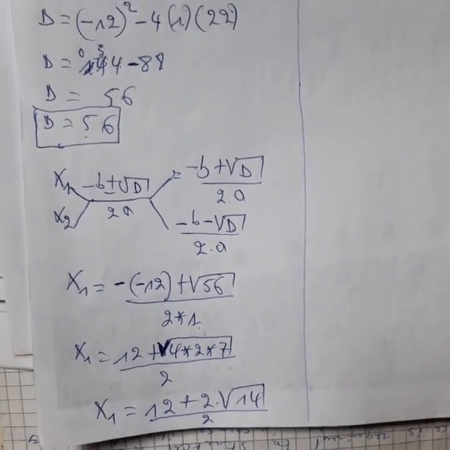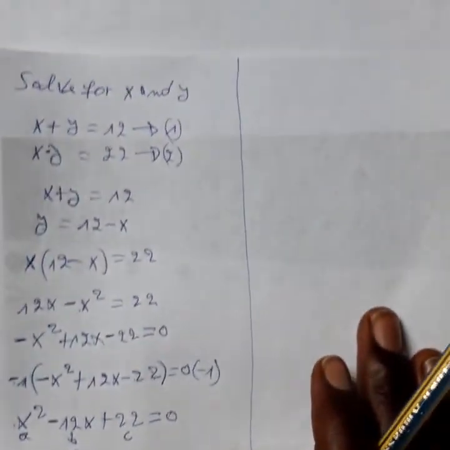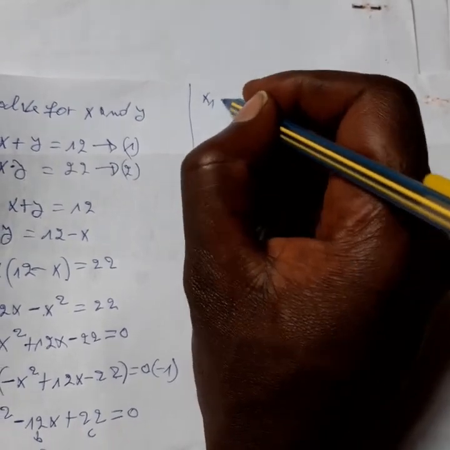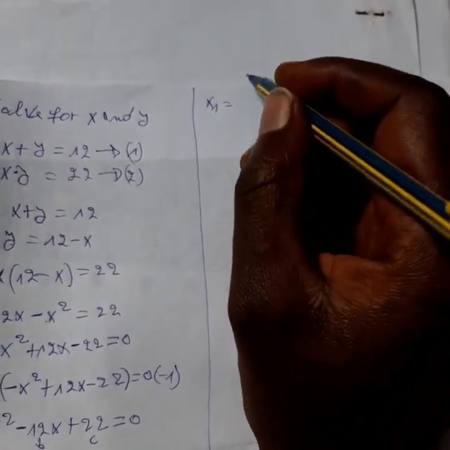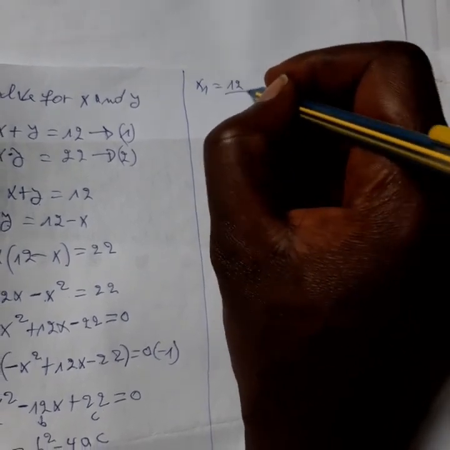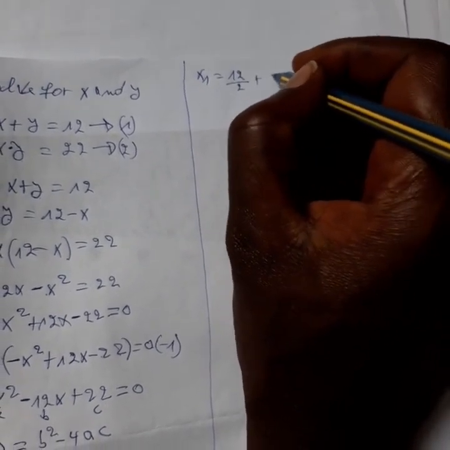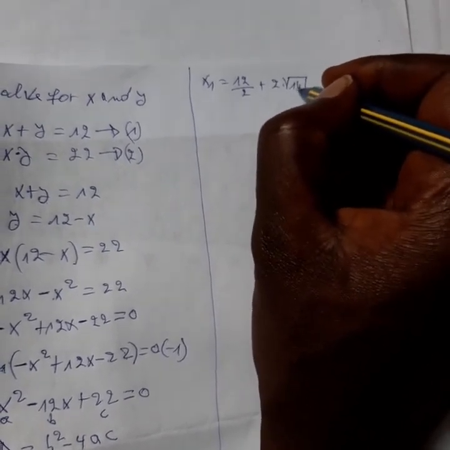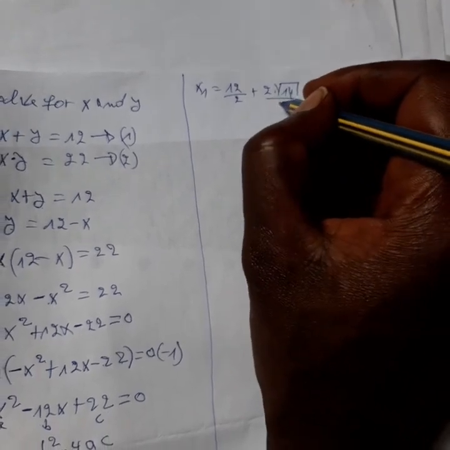Then we will get x1 equal to 12 over 2 plus 2 times the square root of 14 over 2.